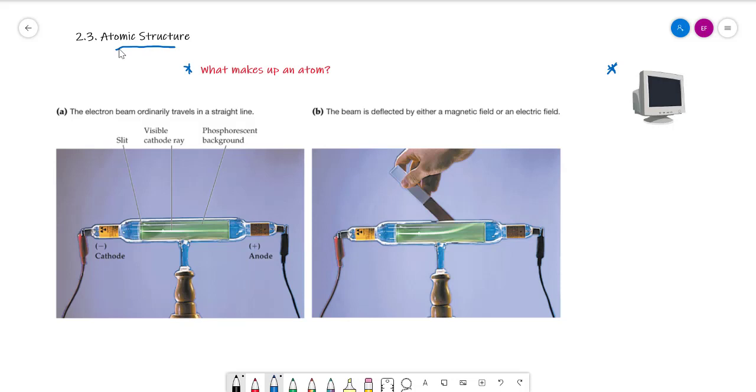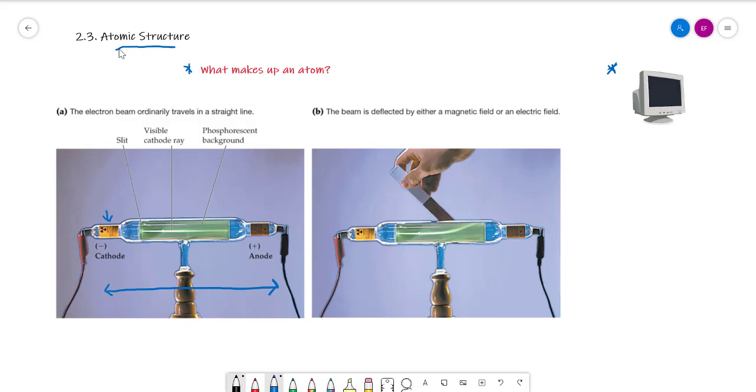And so what happens inside of this tube is we've got this glass tube that is highlighted here, and we pump out all the air. So we put it under vacuum, and we apply a very large voltage between these two poles.